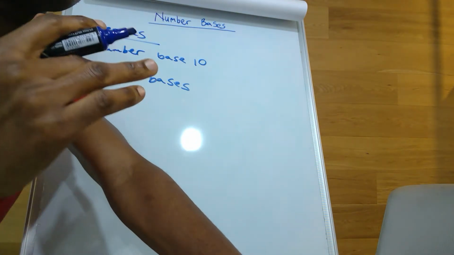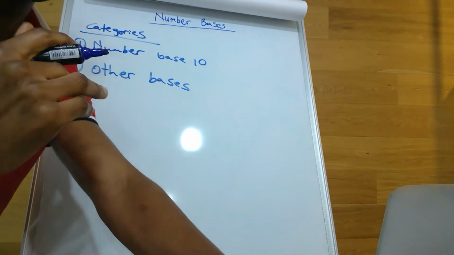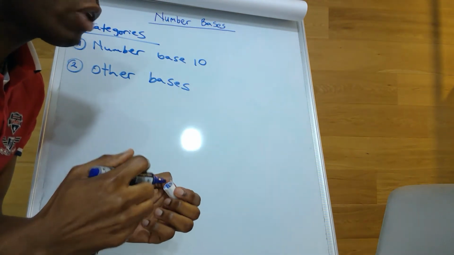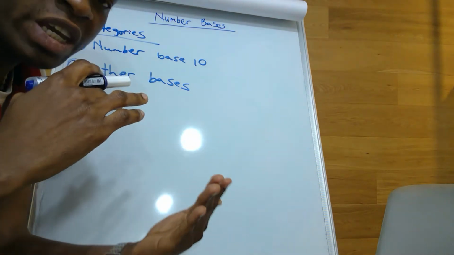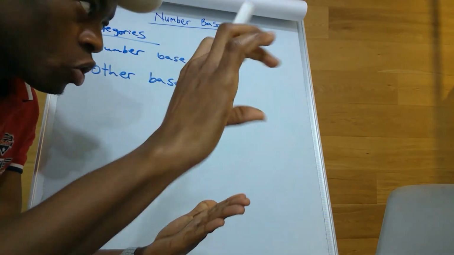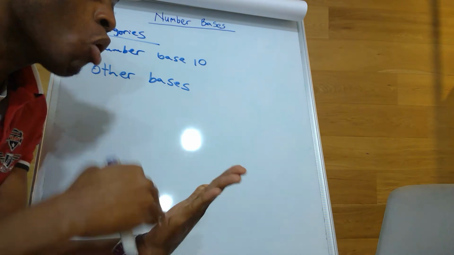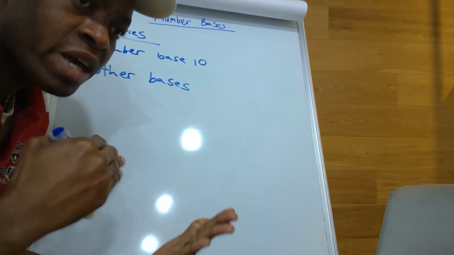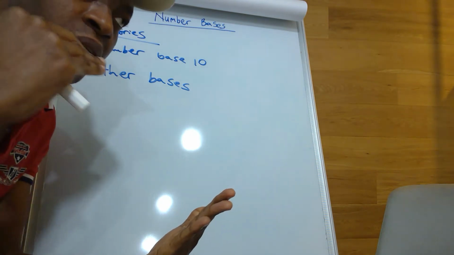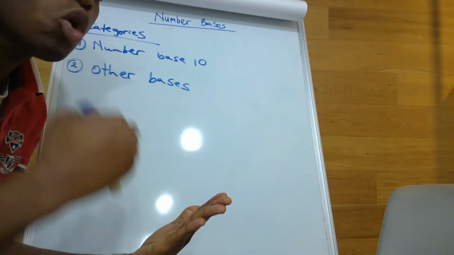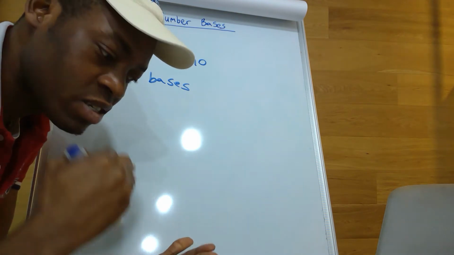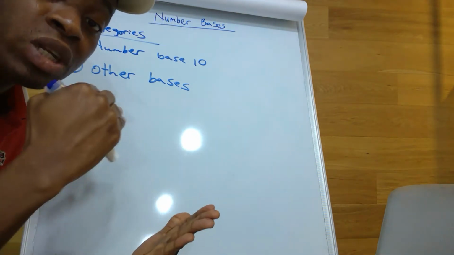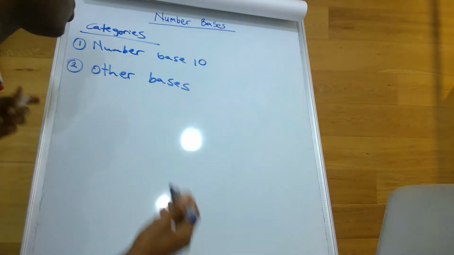Under number bases, there is a particular law that guides them, and that law is that in any base, all the figures there must not be more than that base. For example, in base 10, all the numbers must not be more than base 10. For example, in base 2, all the numbers in that base must not be more than base 2. This is what I'm trying to say.